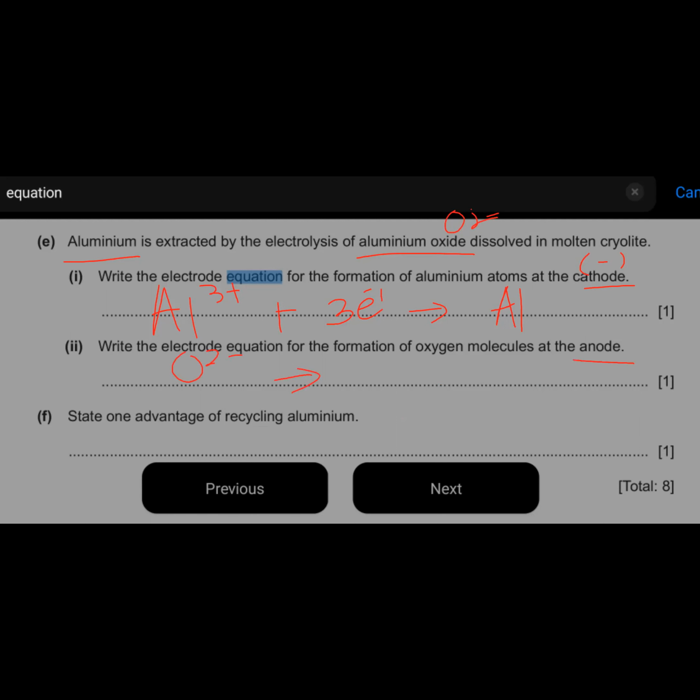Anode is positive, so it is going there to drop its electrons. O2 minus drops the 2 electrons and becomes 1 oxygen atom. Can we say 1 oxygen atom is stable? Can we write this reaction and get away with it? That's the problem with this equation, children.